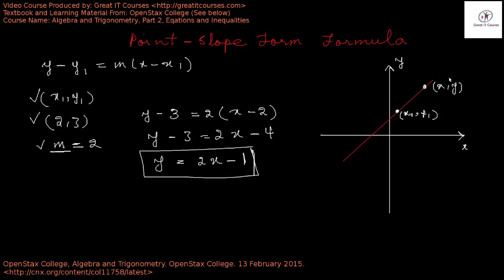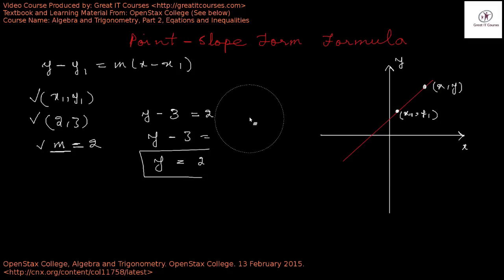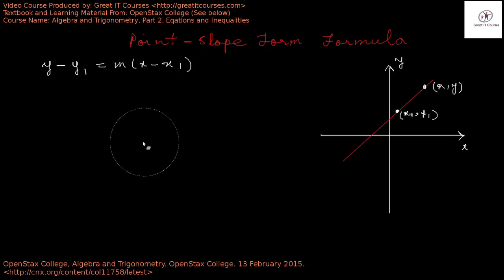Basically, any point that you can find on this line does have the coordinates x comma y. So we said that basically, let me erase all of this. We said that the slope of your line is basically the rise over run. So in this case, your rise is this length on the y-axis.